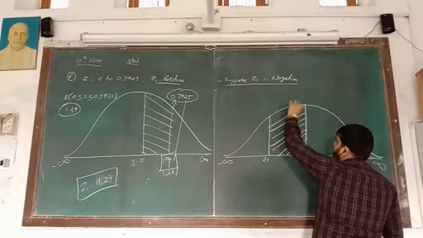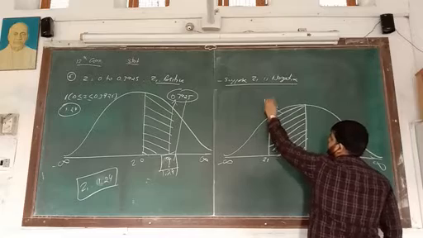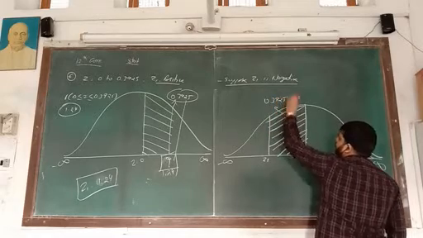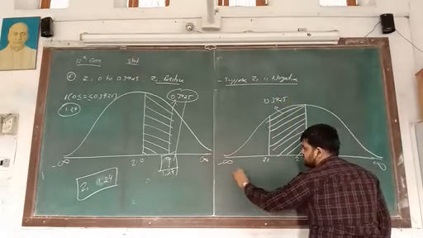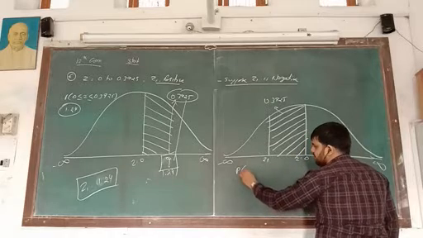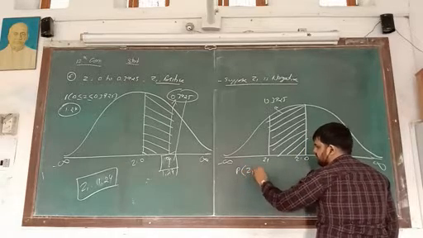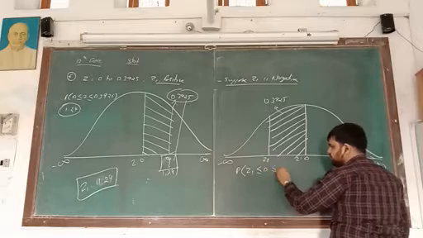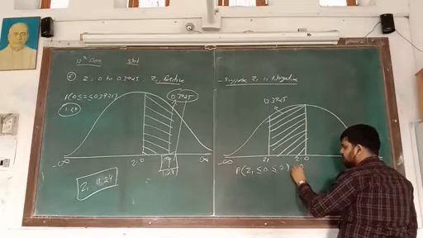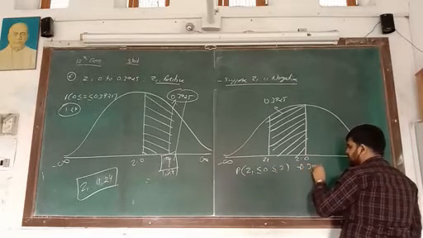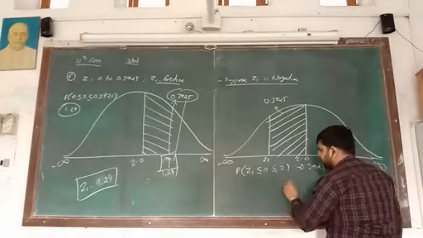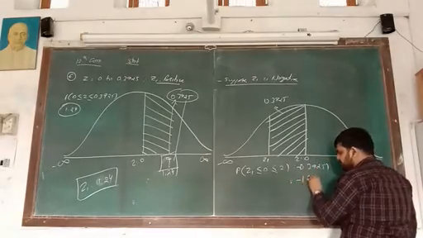The portion value is 0.3925. So p of z1 to 0 is 0.3925, and the value is minus 1.24.